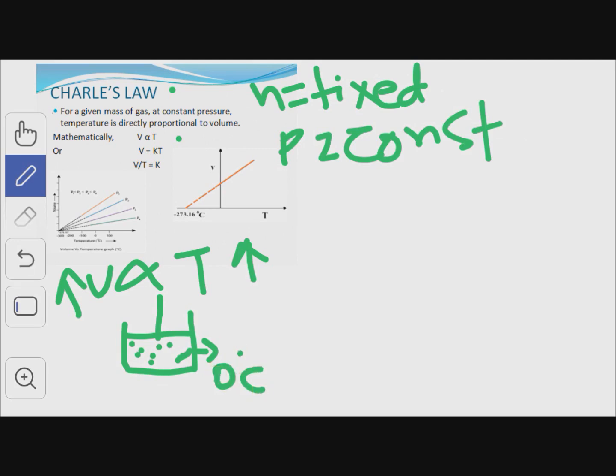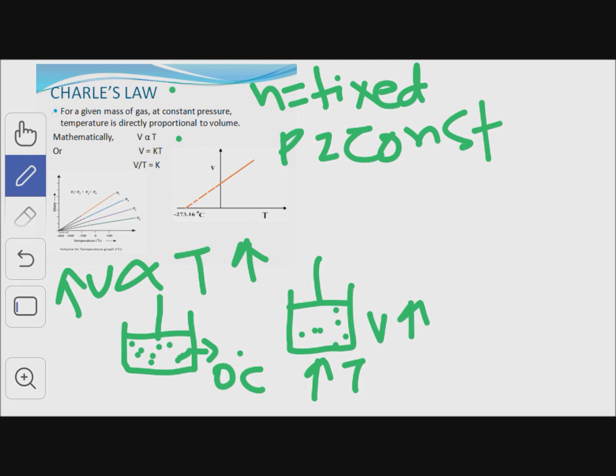If we increase the temperature from 1 degree Celsius, then the volume of gas also increases. If we increase the temperature, the volume of the gas also increases. This is the first definition of Charles' law.